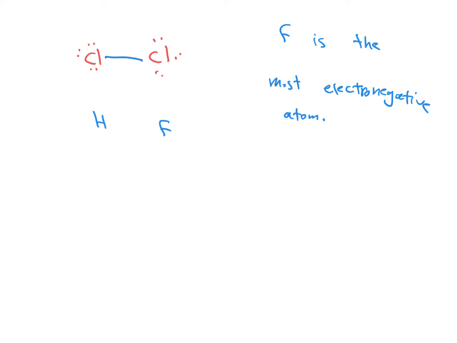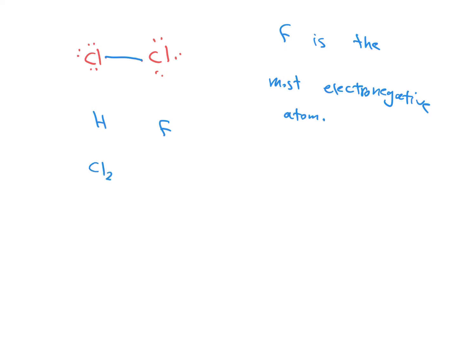Electronegativity is the reverse. Also, since fluorine is the most electronegative element, oxygen is less electronegative, so electronegativity increases going left to right, and going up to down, it decreases. Okay, so if you have elements with different electronegativity, you will have a polar covalent bond.